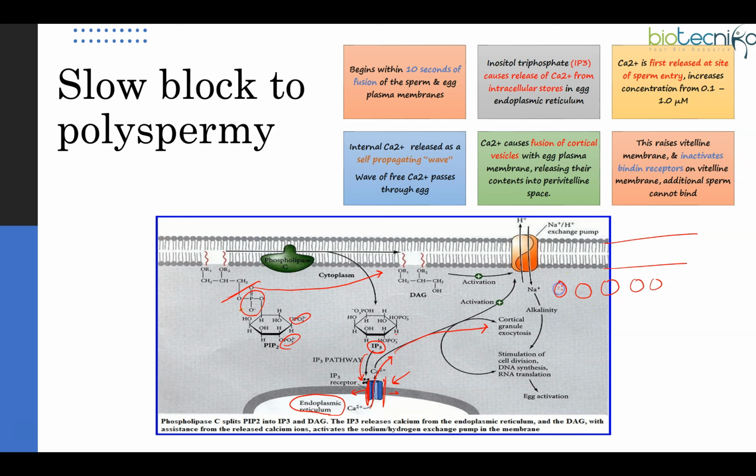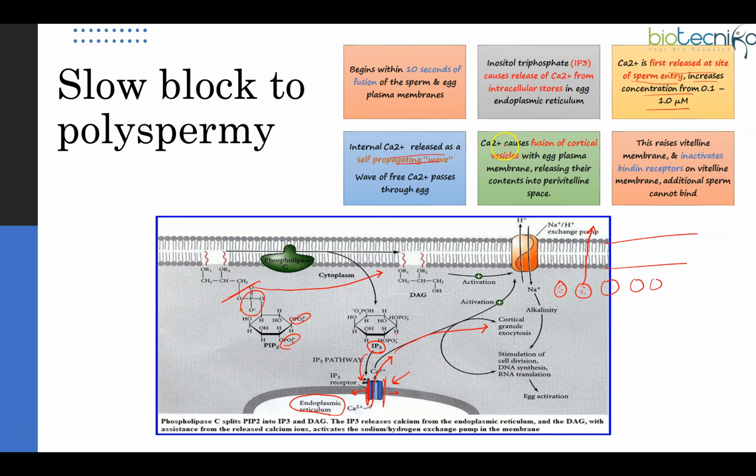These cortical granules contain hydrolytic enzymes. When they release their contents into the perivitelline space, they cause changes in the envelope and the perivitelline space, because of which other sperms will not be able to enter. Calcium is first released at the site of sperm entry, and its concentration increases not all at once but slowly, as a wave inside the cell.